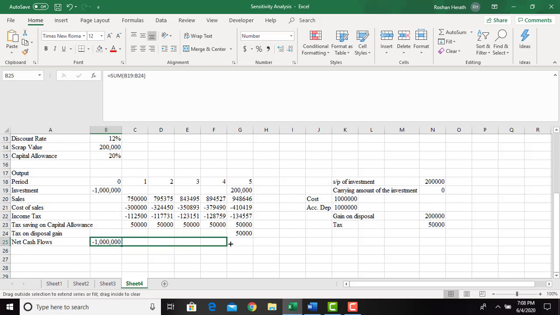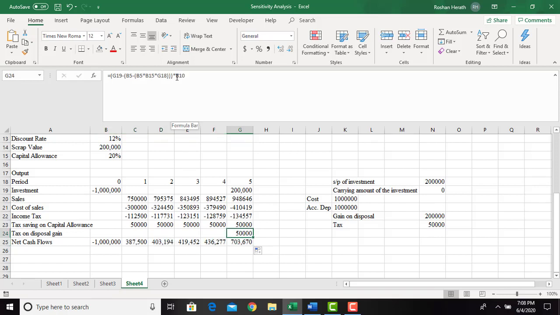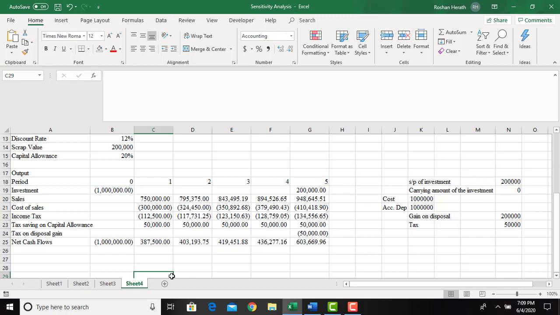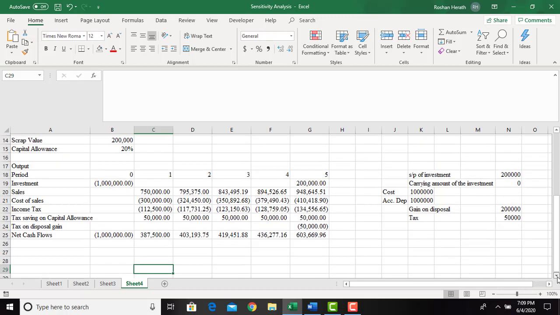So here this tax on disposal needs to be a kind of minus flow, so make sure to take it like a minus figure, right? Okay, it is quite difficult to read, so let's put that into a readable format. Now yes, it can be easily read.